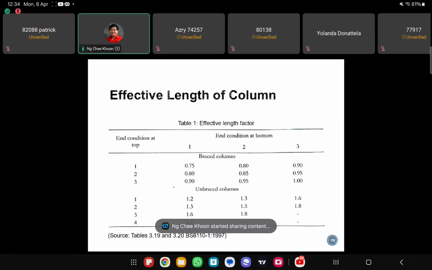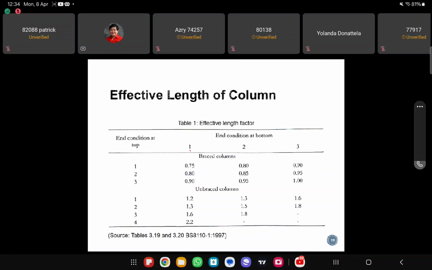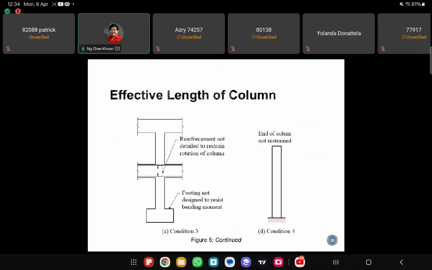We'll be using this table here. For the top end, it is considered as condition 1, because for the top end, this one is 500, and this dimension is 300.